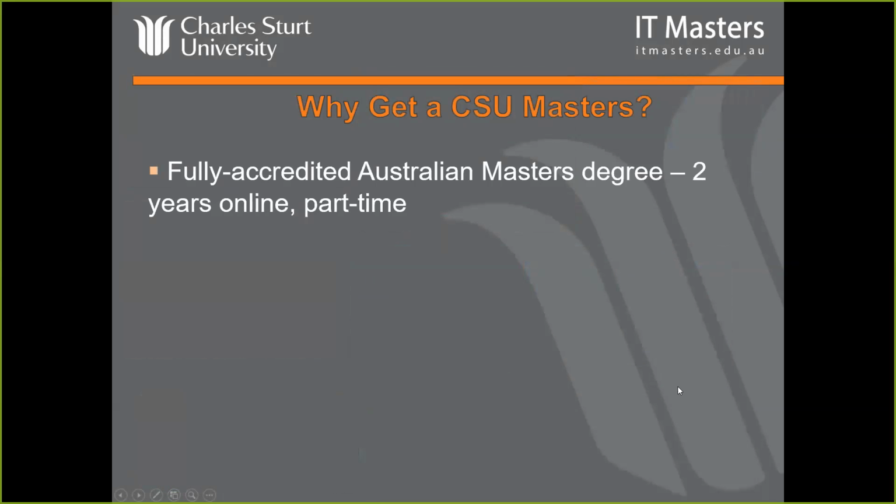So in terms of why you would want to get a master's, or why you would want to get a master's from Charles Sturt University, a few salient points. We're obviously a fully fledged Australian university. Our master's degrees are fully accredited under the Australian Qualifications Framework.